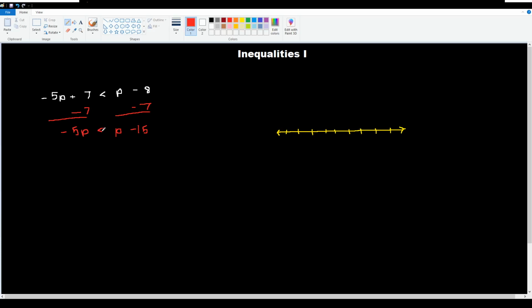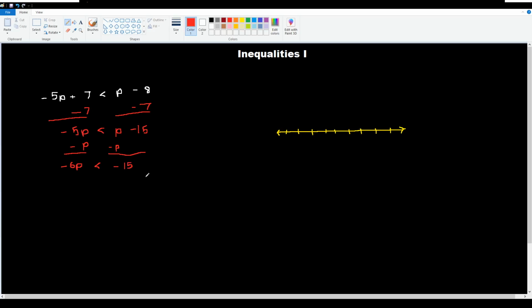Bring down the inequality sign. Okay. Now what we're gonna do is subtract p from both sides to isolate it on one side. So we get negative 6p is less than negative 15. That gets brought down. That is a really bad 5.